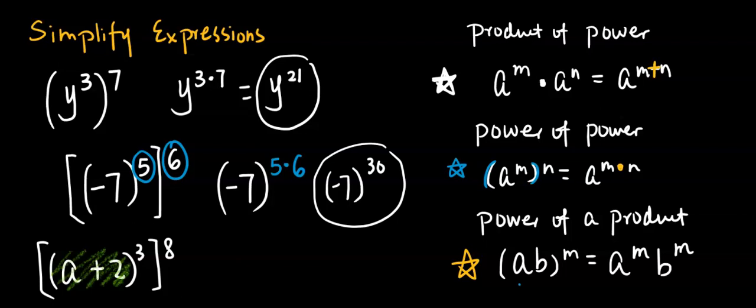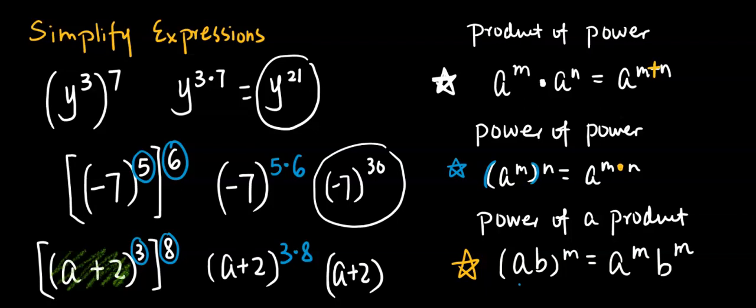So we're going to keep the base. Outside, what do we do with these two exponents? Good. Did you see I'm going to multiply them? So, last step, keep the base. 3 times 8 is 24. Now, we are done here.